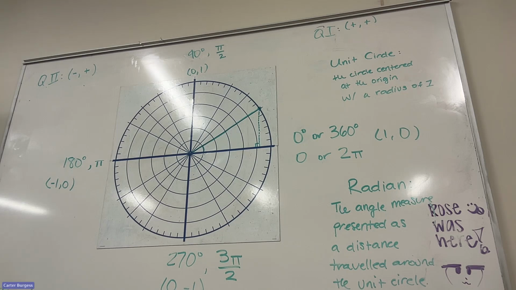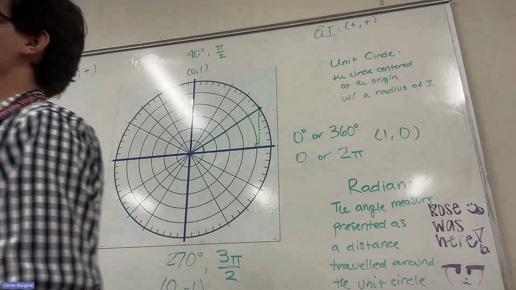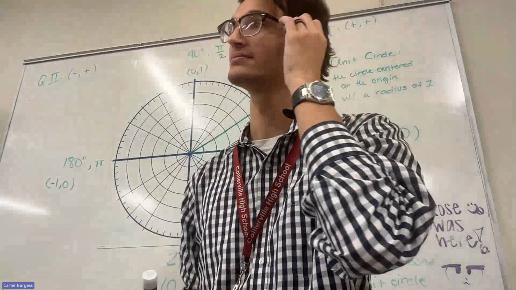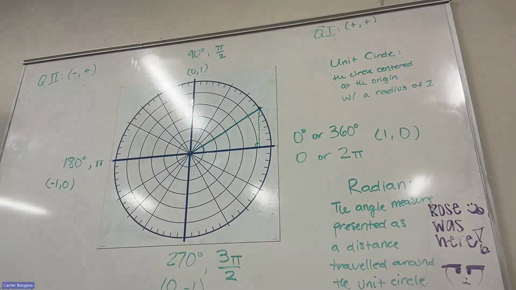Okay, so for our 30, 60, 90 special case right triangle, does anyone remember what the ratio of sides is for a triangle like this? For 45, I do remember for 45. Okay, sure, we can fill that in. What would it be for 45, 45, 90?